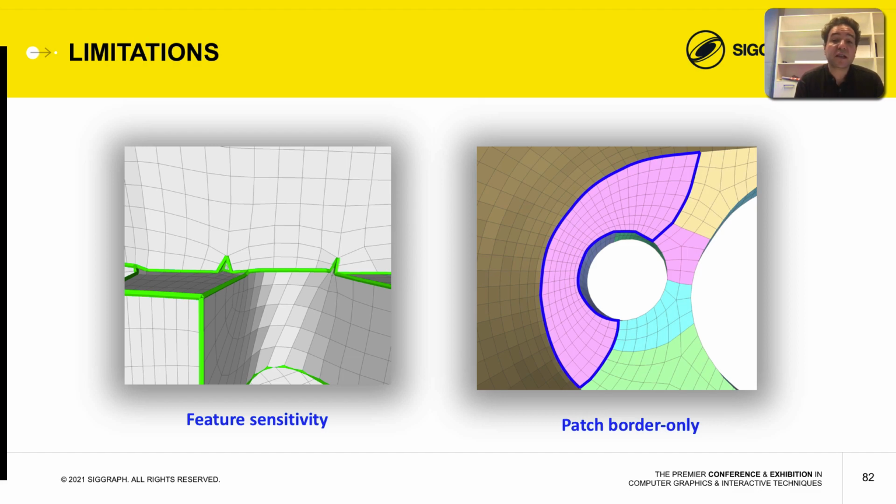Second, we only consider the length of the sides of a patch to see if the patch is nice or not. And in this case, for example, we cannot see that this patch has a strange shape in the middle, or that it's not quite uniformly sized as a rectangle, just by looking at the side length.